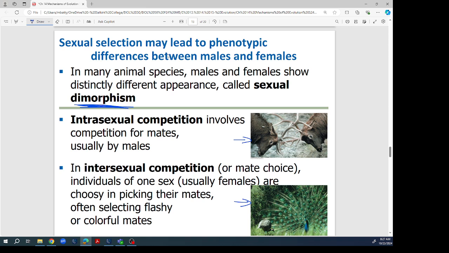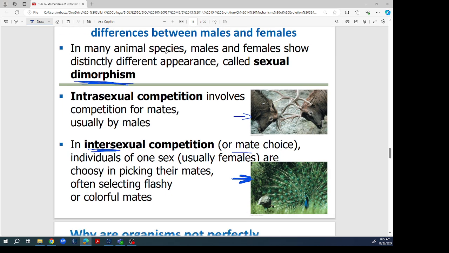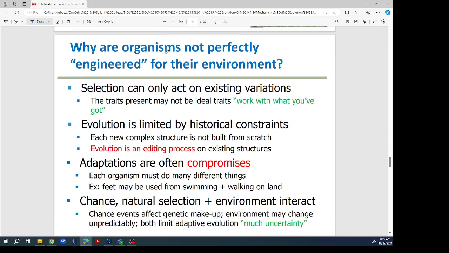Intersexual competition or mate choice, this is where females are going to choose the flashiest, or, I've heard of bowerbirds in tropical areas, and they collect things to sort of create this super palace for a mate. So this idea of one sex choosing the other sex, and so that is intersexual competition. And so oftentimes there's a bit of flash here, and then that attracts the other mate.